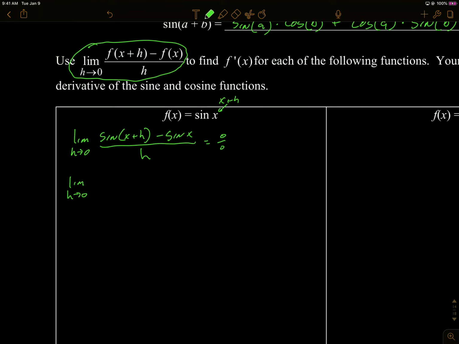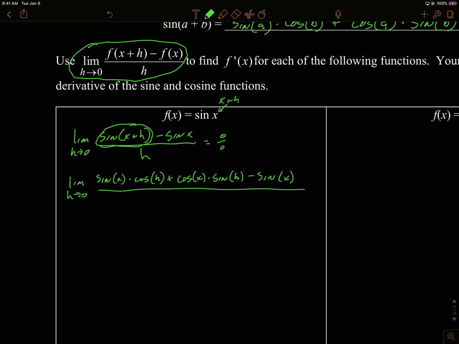So the first thing we're going to do is use our identity here for sine of x plus h that we just came up with. So we're going to say sine of x times cosine of h plus cosine of x times sine of h. That's what this expands to by that identity before, minus sine of x all over h.